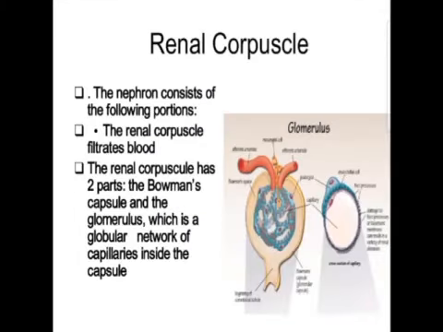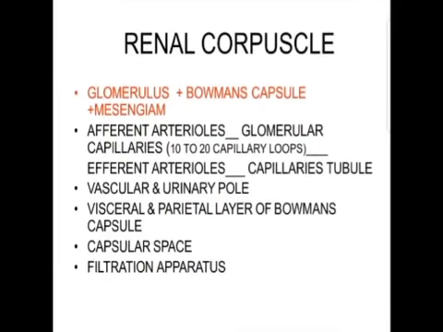The renal corpuscles. The nephron consists of the following portions: the renal corpuscles, which filter the blood. The renal corpuscle has two parts: the Bowman's capsule and the glomerulus, which is a globular network of capillaries inside the capsule.